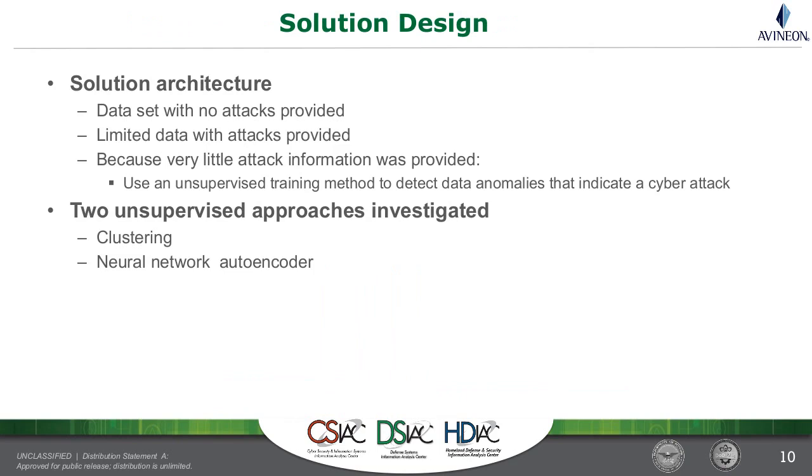So what we knew going in is that we had a data set with no attacks that was provided. It's not terribly large. I think it was 8,000 some odd time slices, which is not very large for a machine learning project. There was also limited data with attacks that was provided.